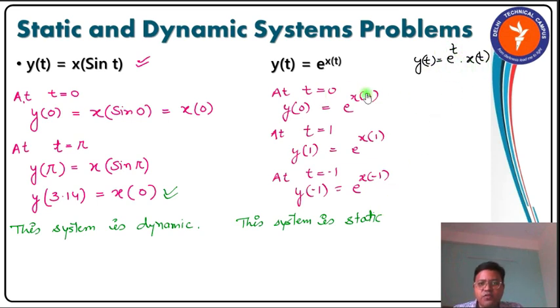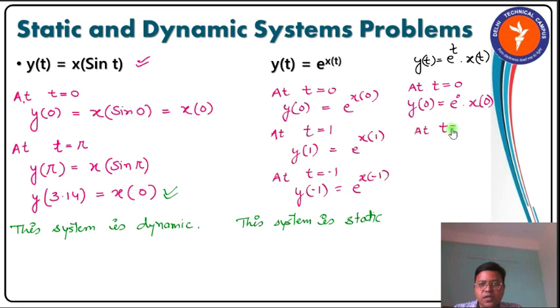Let us calculate the values at different instants. So at t equal to 0, we have y of 0 equal to e raised to power 0 into x of 0. Now this will be constant. If it is constant, I can say the present output is dependent on present input.